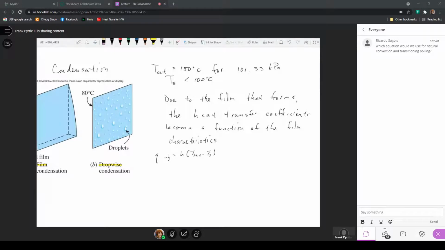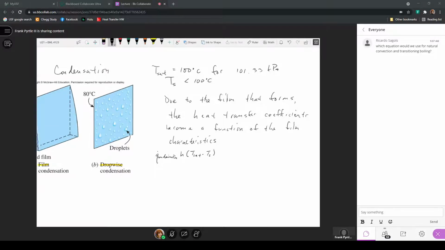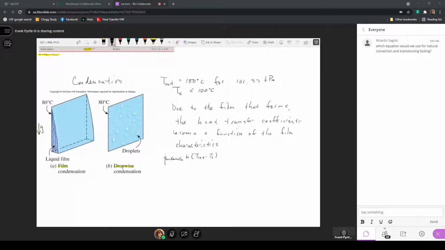It's not Q dot boiling. This is Q dot condensation. So this is for heat transfer from the vapor into this surface. When I write it as the saturation temperature minus the surface temperature, this is for a condition where it is a saturation condition for the vapor. So here we have saturated vapor.